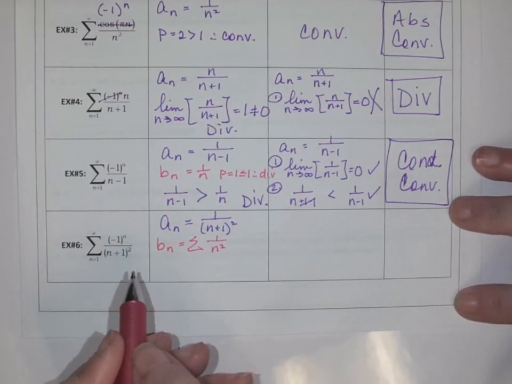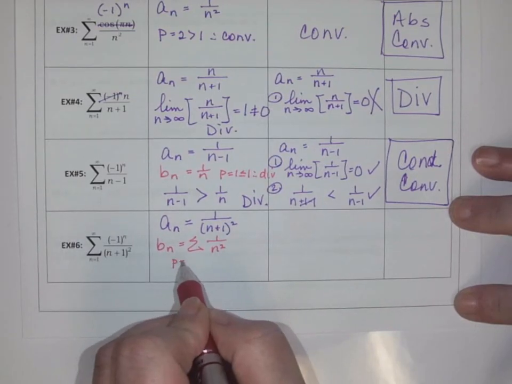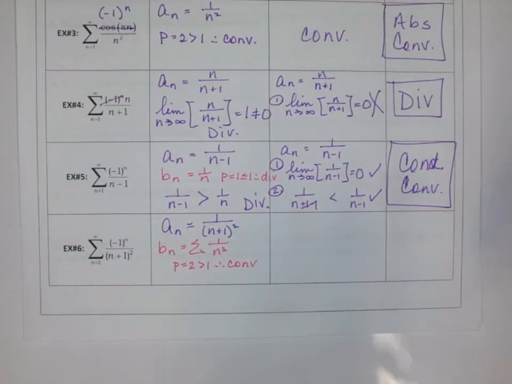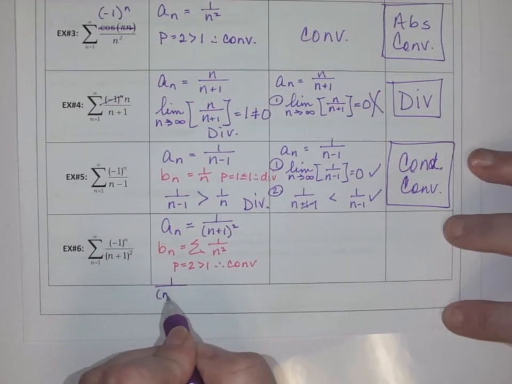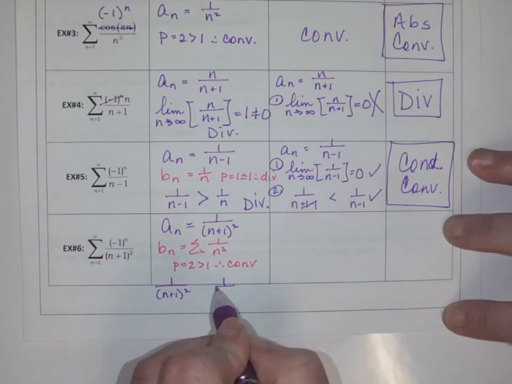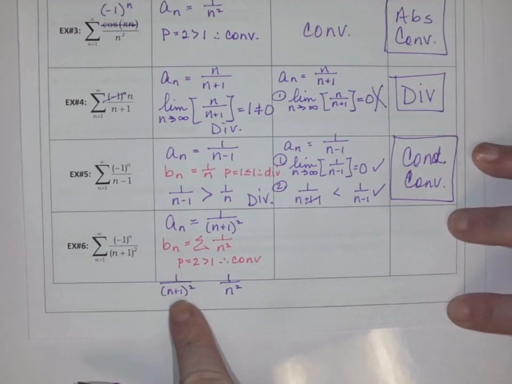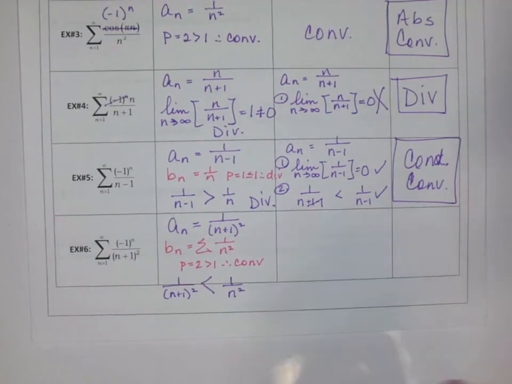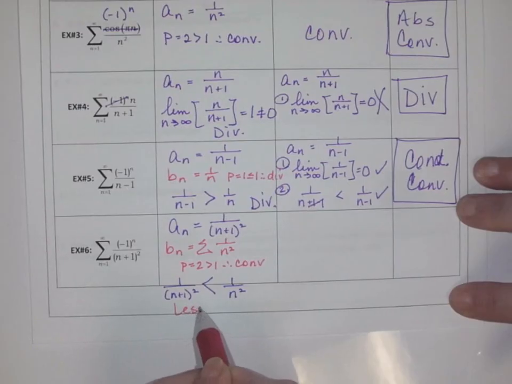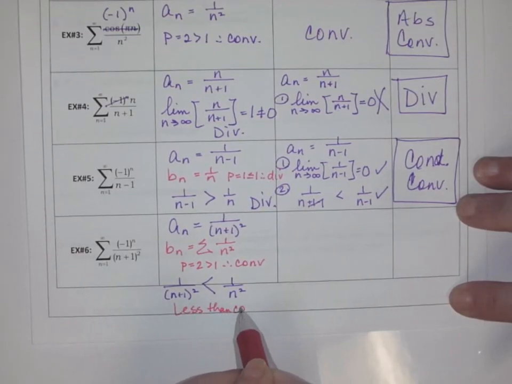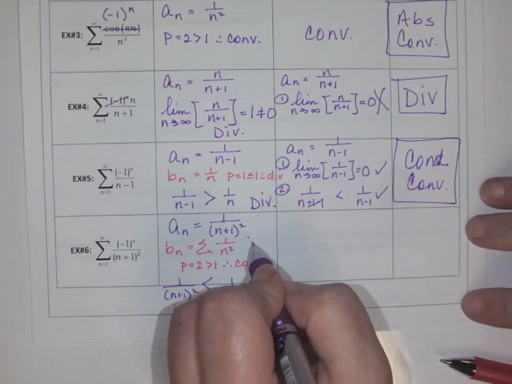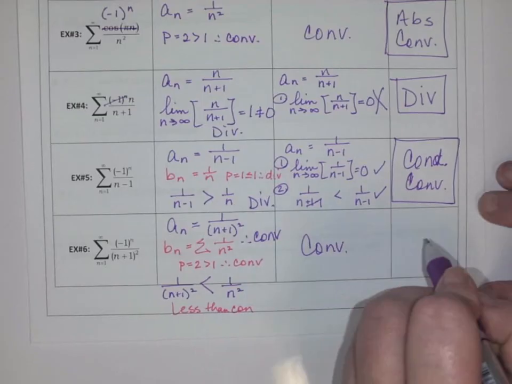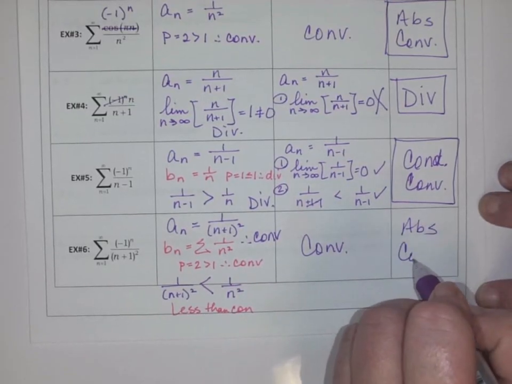So 1 over n squared, that means p is equal to 2, which is greater than 1, so therefore it converges. So now I'm going to look at 1 over n plus 1 squared compared to 1 over n squared. Well, adding 1 to the denominator makes it smaller, so I am less than a convergent. So that means this guy converges. So if that converges, then so does this, so we have absolute convergence.